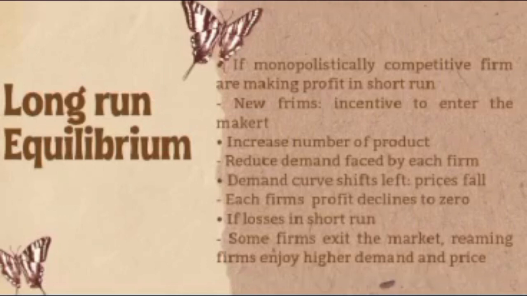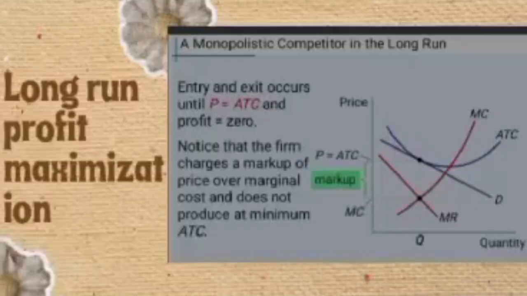Demand curves shift left and price falls, until each firm's profit declines to zero. If there are losses in the short run, some firms exit the market, and the remaining firms enjoy higher demand and price. This is an example of long-run profit maximization.